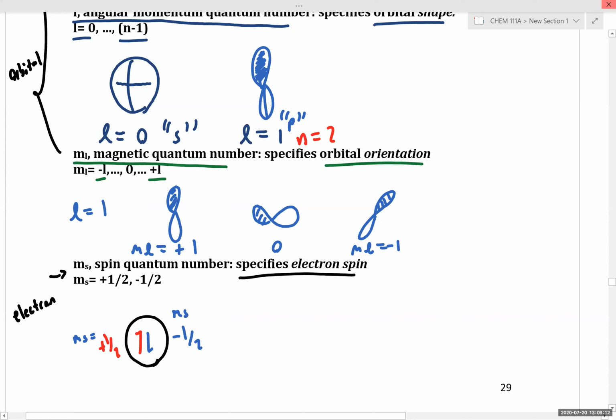Let's now look at how each of these quantum numbers affect orbital characteristics, and then we'll look and see how we define and describe electrons using these quantum numbers.